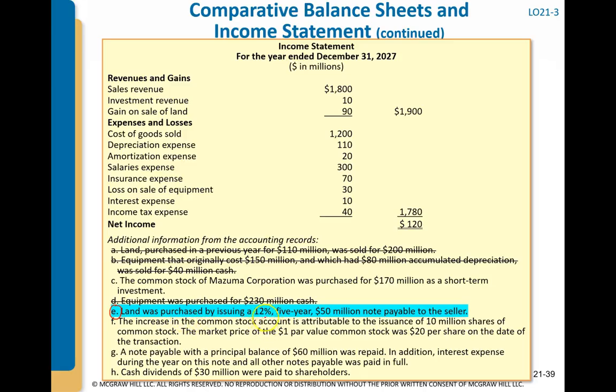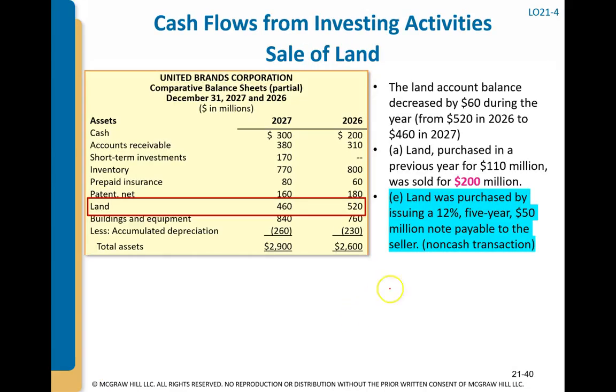So this company issued a $50 million note payable. So they basically acquired land for $50 million and gave the seller a note. So they need to pay off the note in the future in 5 years plus interest. So it's going to go into the non-cash transaction portion of the statement of cash flows.